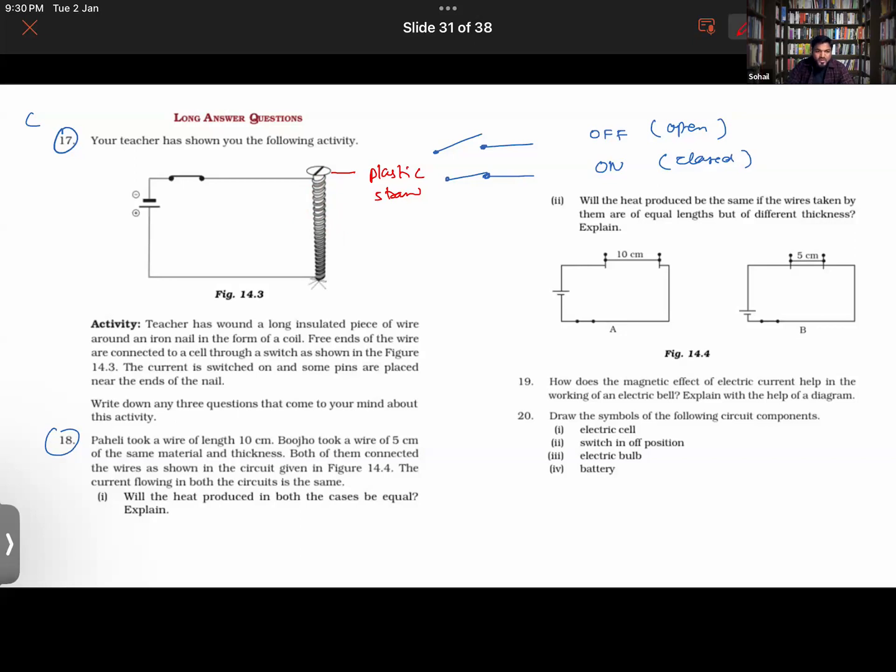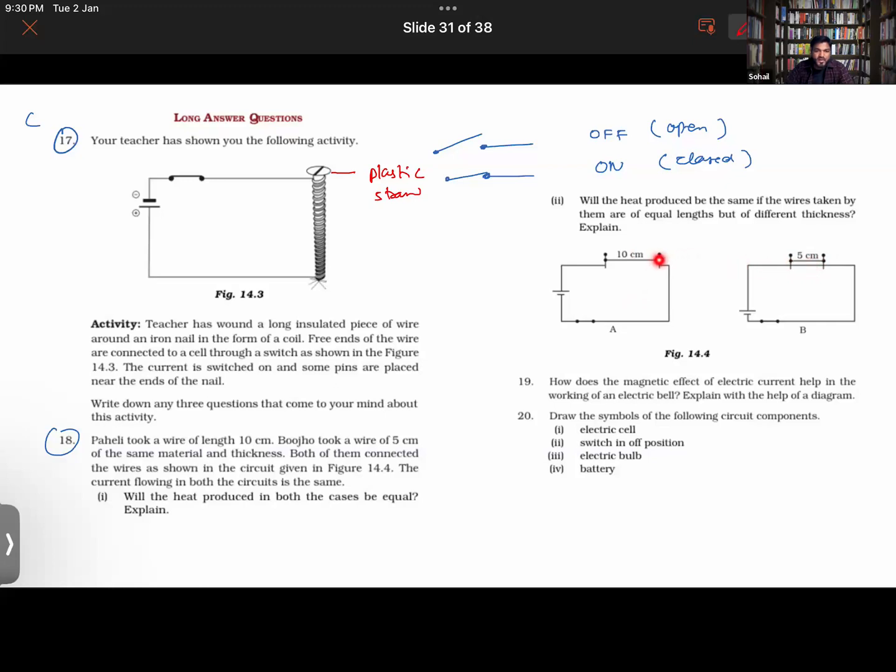These are some of the questions we can think of. Now in question number 18, there are two circuits given. Paheli has taken a wire of 10 centimeter and Bujo has taken a wire of 5 centimeter. Both are of the same material and the same thickness, and both are connected to the circuit.